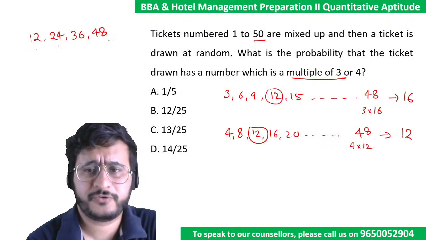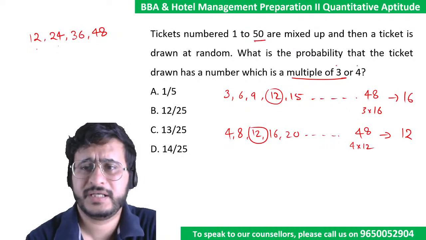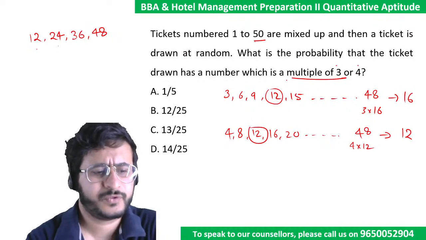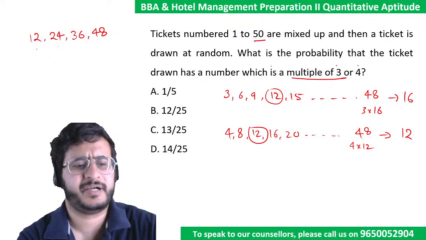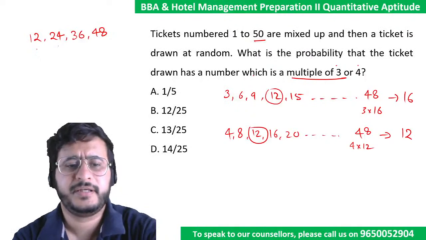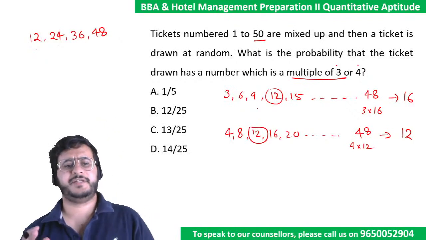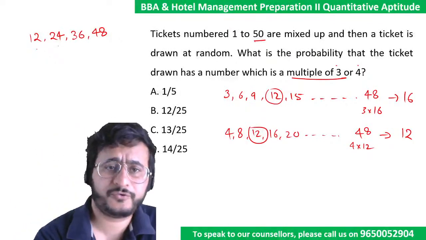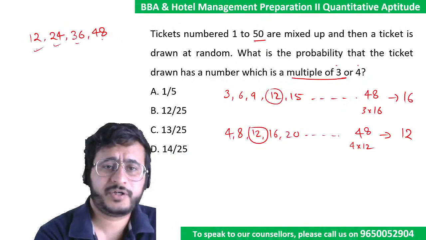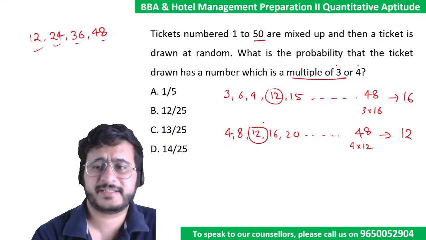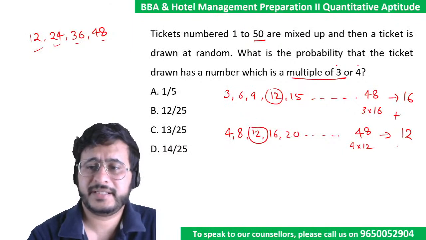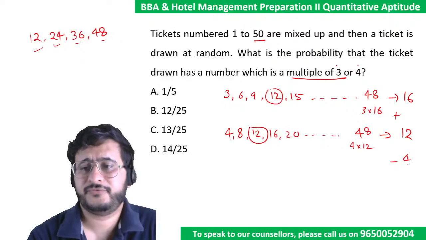These are multiples of the LCM of 3 and 4. Every multiple of 12 will be counted in both categories, so we need to remove them. There are 4 such numbers, so you will add these and subtract 4.